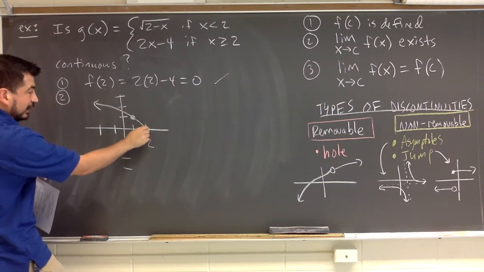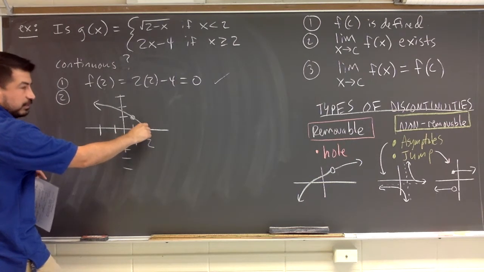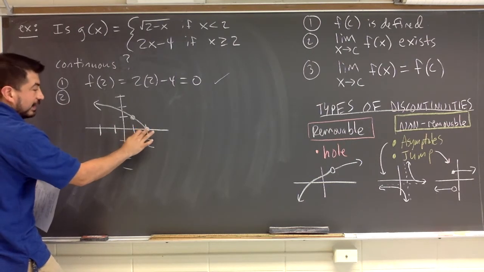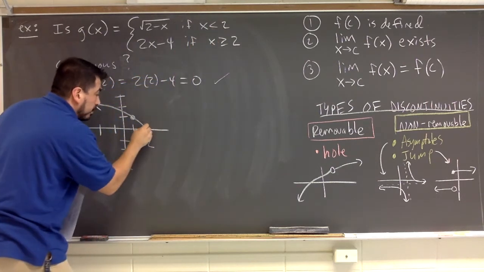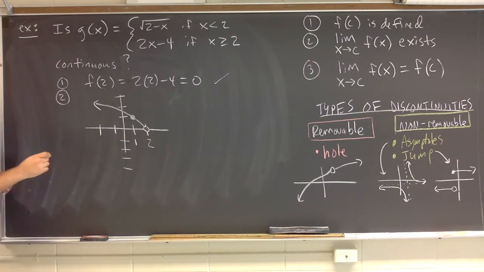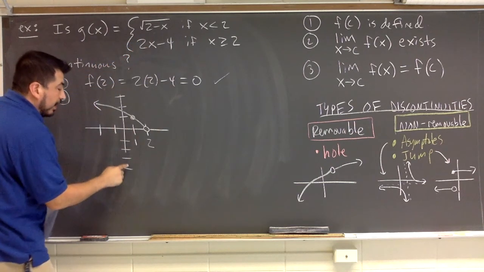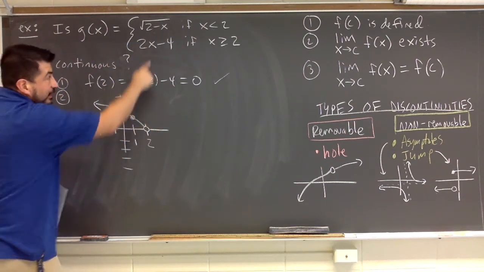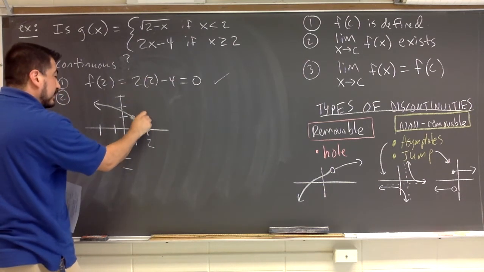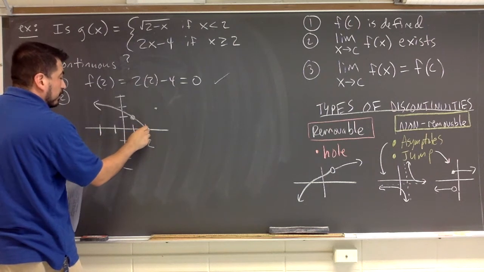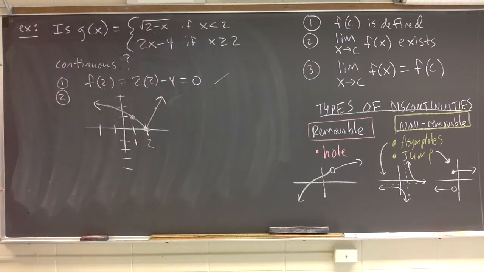Notice that I actually end up landing right on top of this point that I already have. And for completeness's sake, I kind of messed that up. This should have been an open circle to start, right? Because we don't include it on the first part. But because I include it in the second part of the graph, I end up filling it in, and then I continue up 2 over 1 for the slope, and now we get something that looks like that.